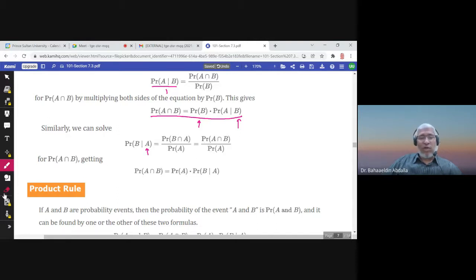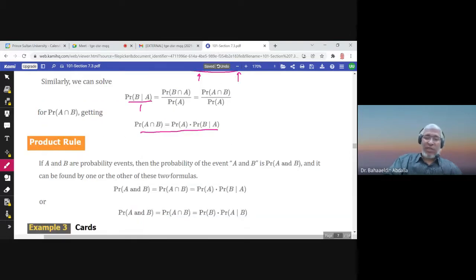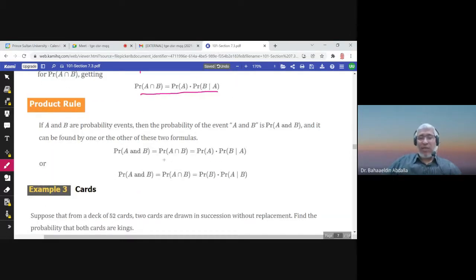So also here, if we multiply cross product, we get that probability of A intersection B, this time, is probability of A times probability of B given A. So in fact, probability of A intersection B can be written as either this one or this one.